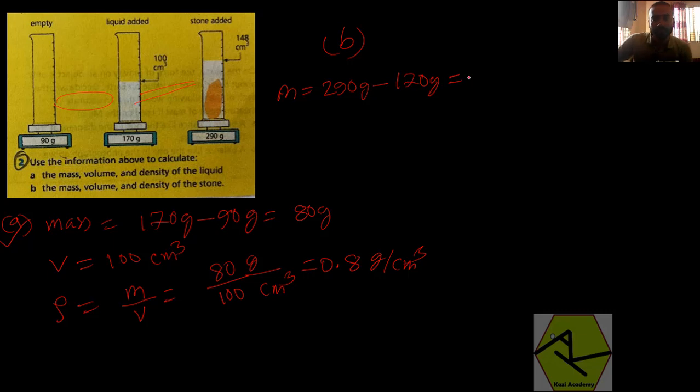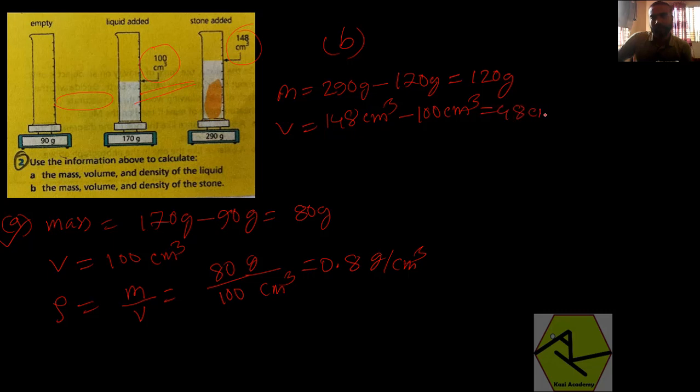Then about volume, find the difference between these two readings: 148 cubic centimeter minus 100 cubic centimeter. So it will be 48 cubic centimeter.